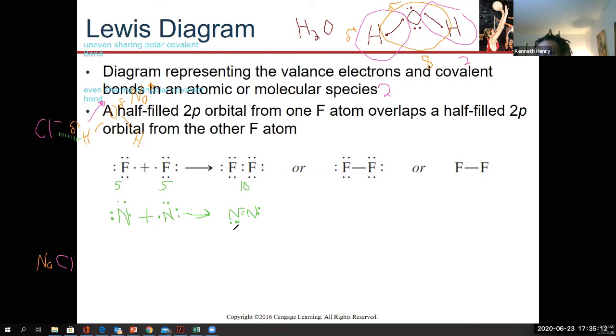How many do we have around it? There's 2, that's 4, that's 6, that's 8, because remember, each line represents 2 shared electrons. So we count that as our 8. And this nitrogen is also 8. I'm going to make it easier to see with a longer line so it's a little clearer.